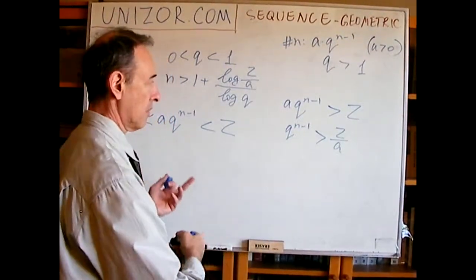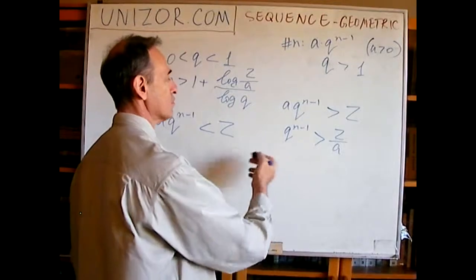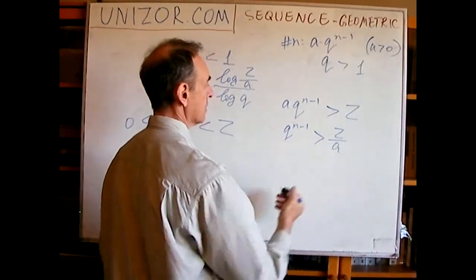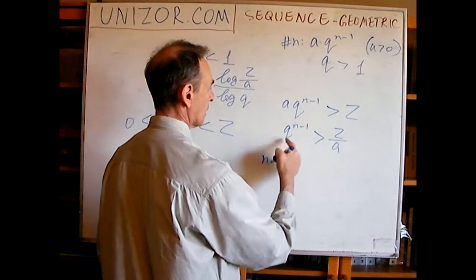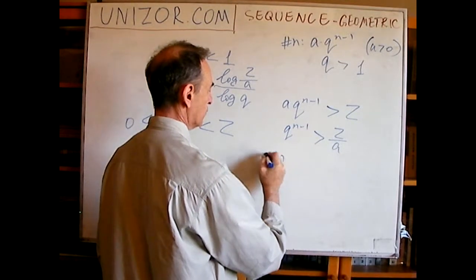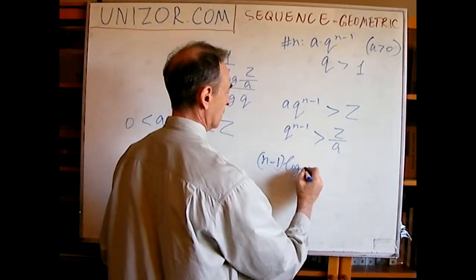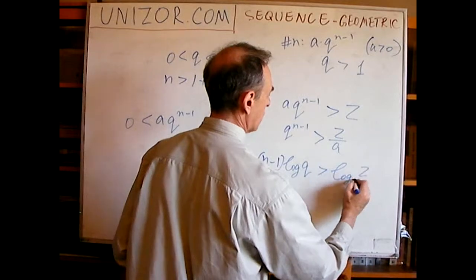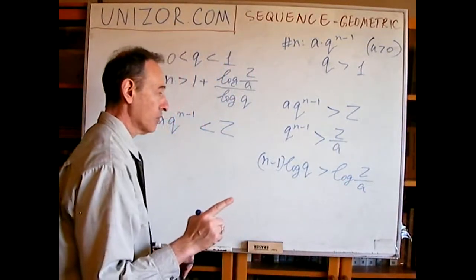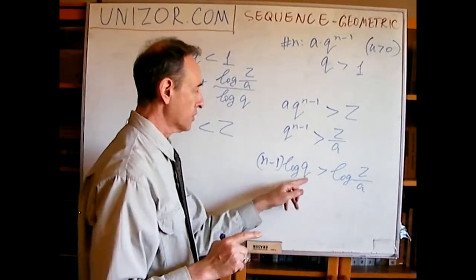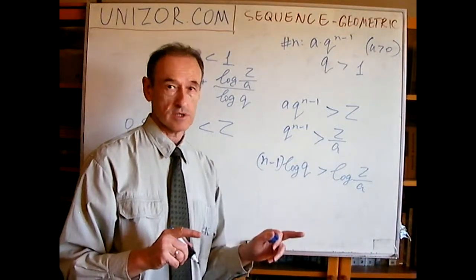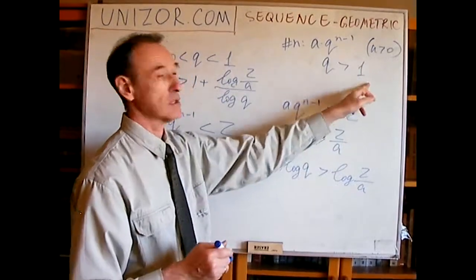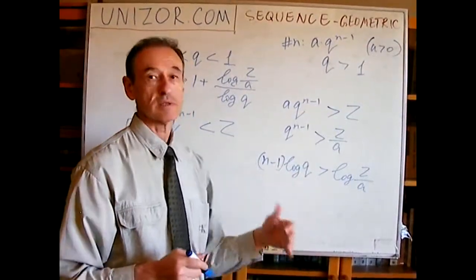Now we do the same thing again, logarithm. Logarithm is monotonously increasing function, which means if this is greater than this, the logarithm of this would be greater than logarithm of this. So the logarithm of q to the n minus 1 would be n minus 1 log q greater than log z over a. Now log q is positive, because again, if you remember the same graph, for q greater than 1, the logarithm is positive.